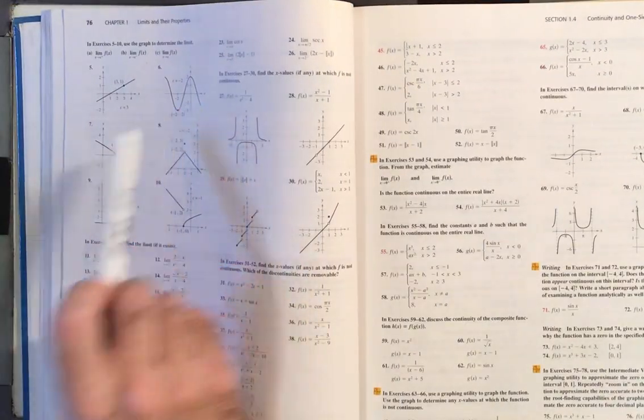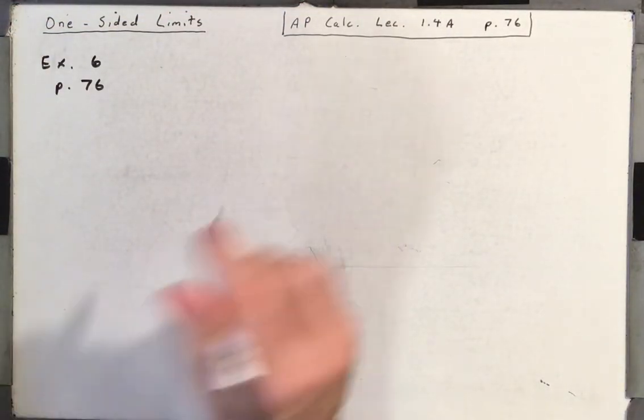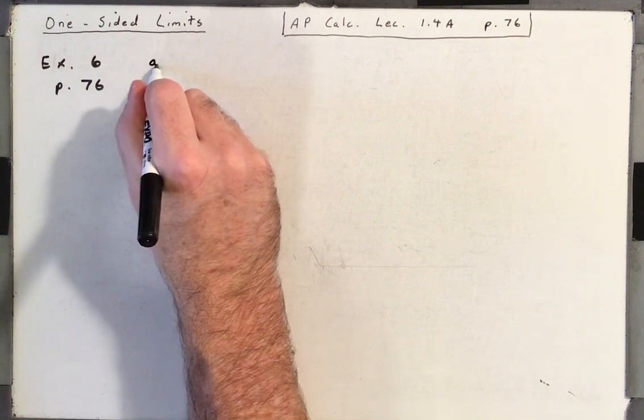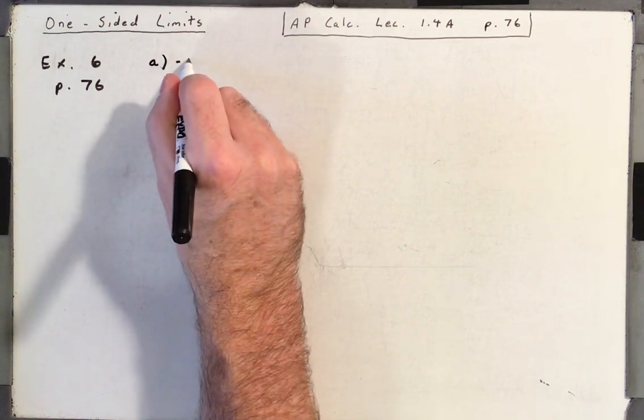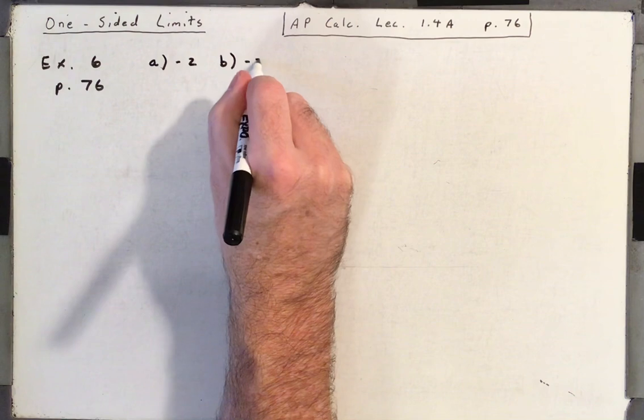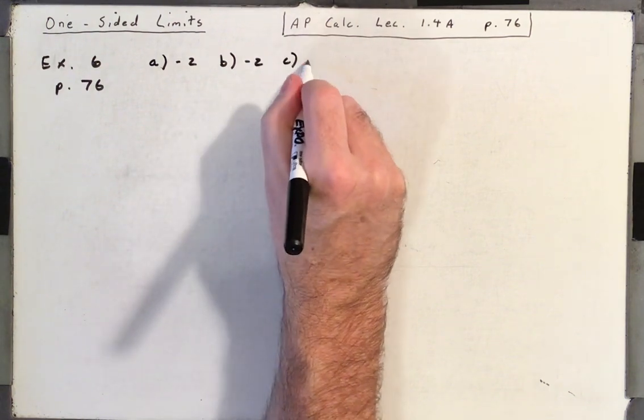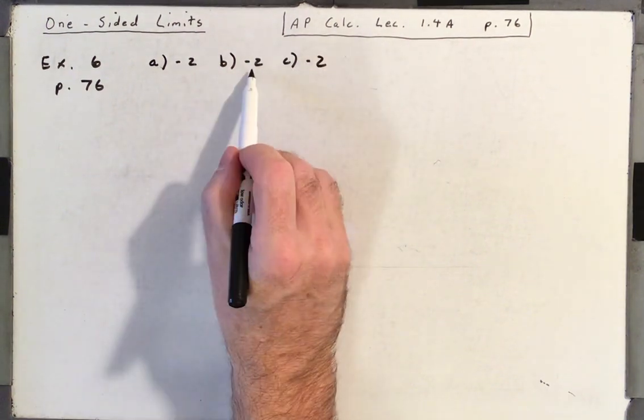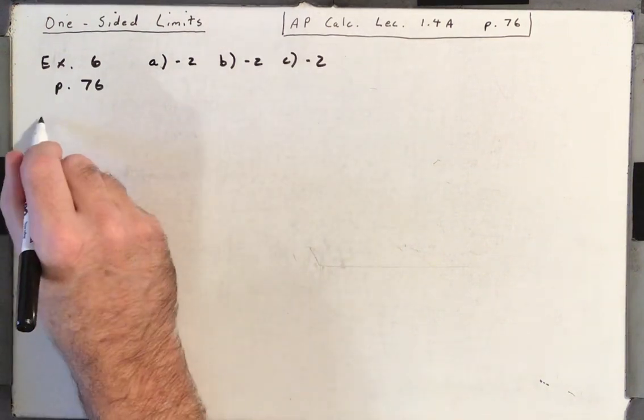There's no break in the function. So in this particular case, since there's no break in the function, the answer is the same on all accounts: -2, -2, and -2.